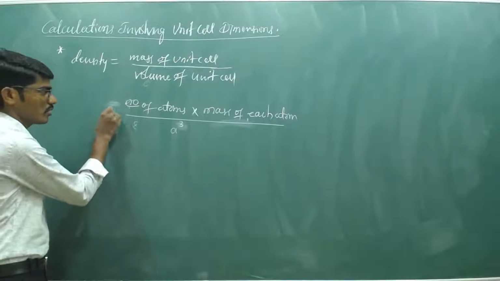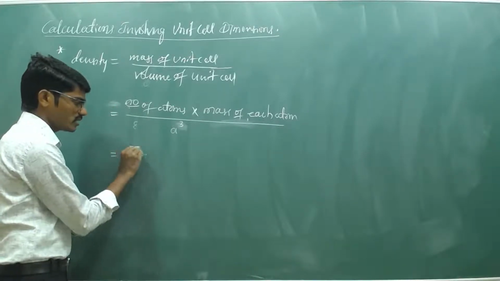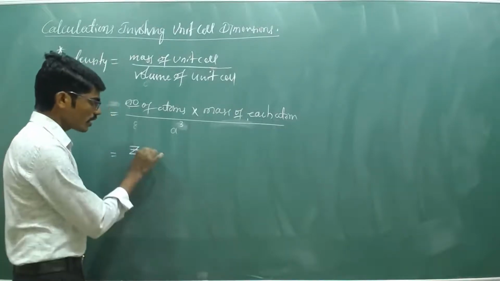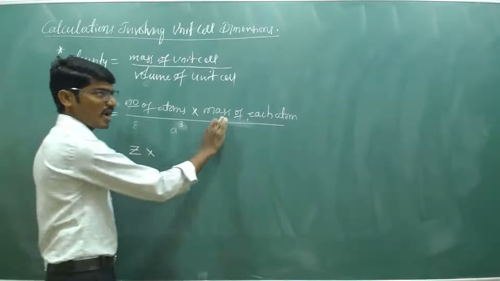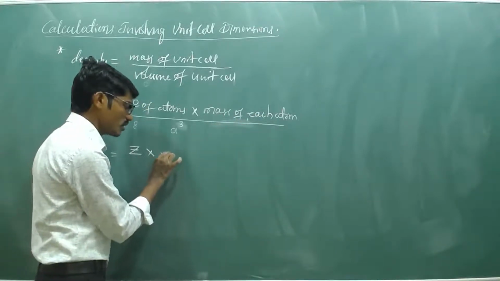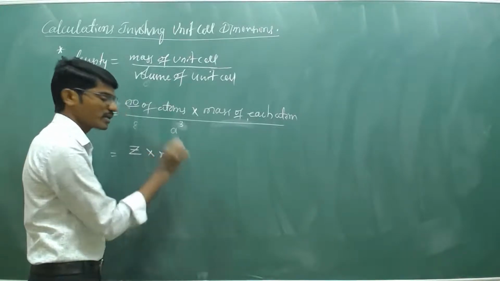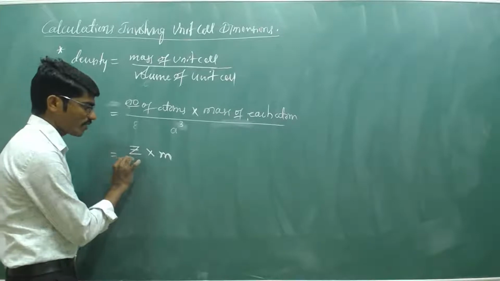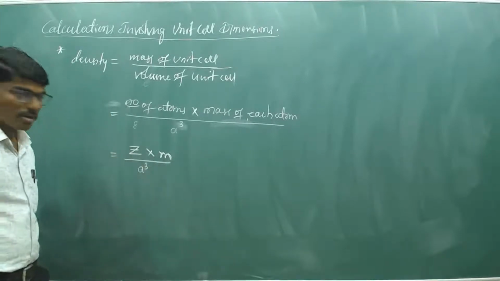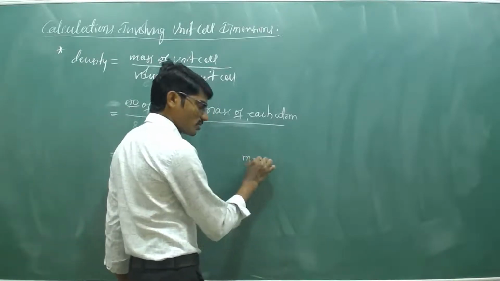So this is the formula. Number of atoms can be taken as Z. Z represents number of atoms into mass of each atom. Let small m be the mass of each atom, divided by a cubed.